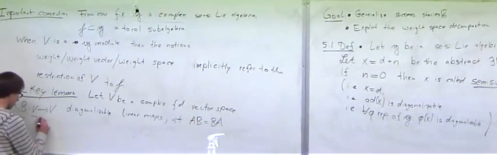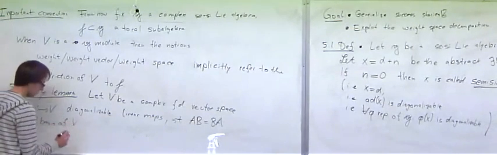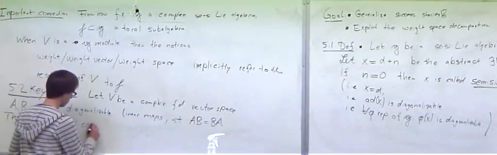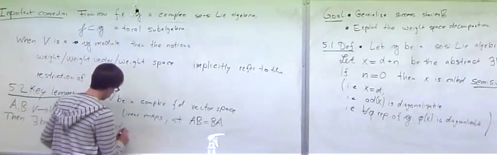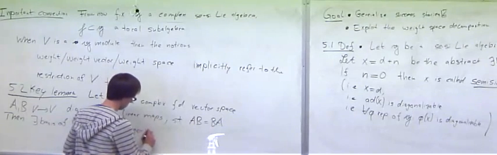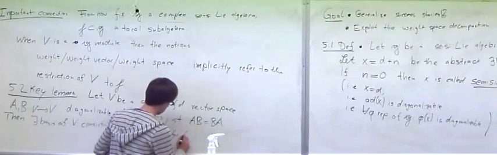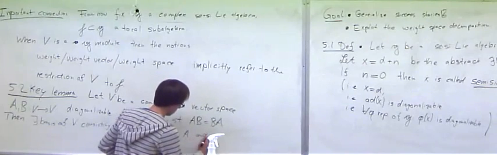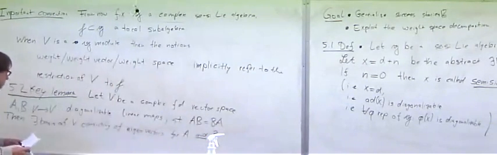So there is a basis of V consisting of eigenvectors for A and B. So this is, of course, the important property.